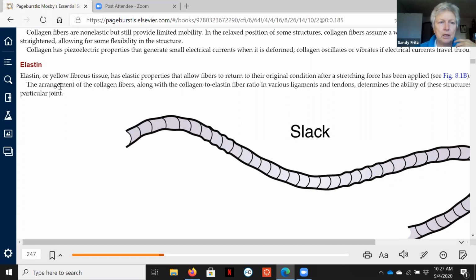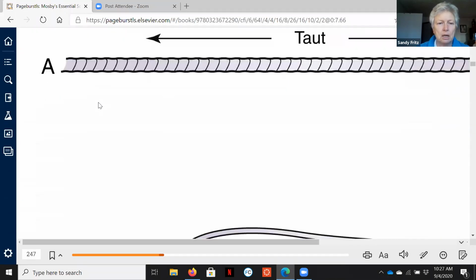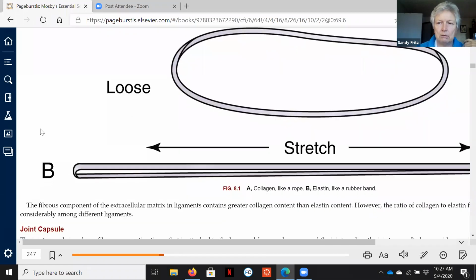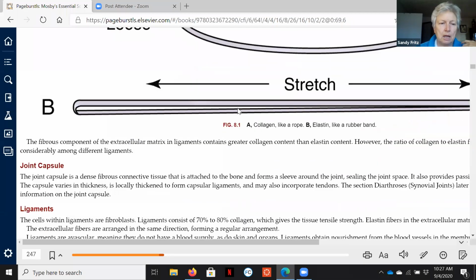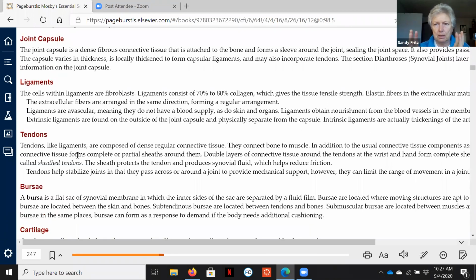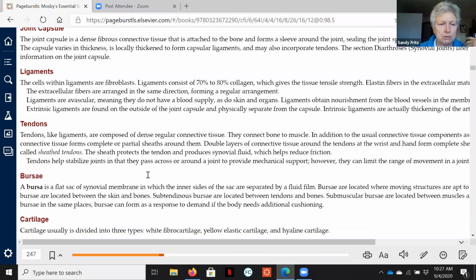So we have elastin, which is more stretchy, and we have collagen, which is a little bit more crimpy, and then has a hard stop at it when you get to the end of it. And then how this all forms together around the joint capsule, like a balloon that surrounds where the two bones come together.